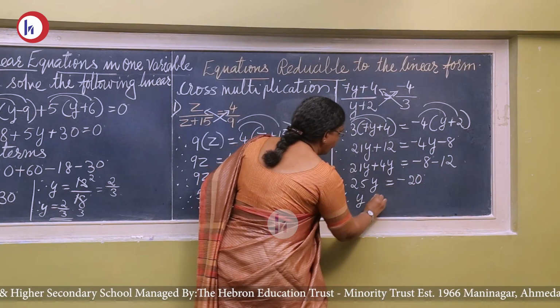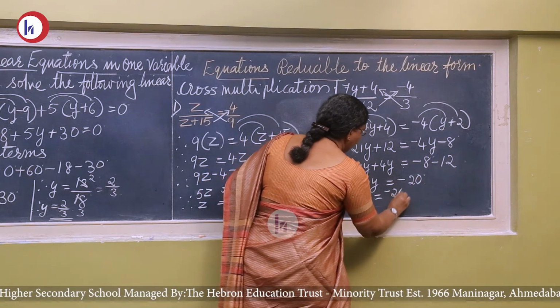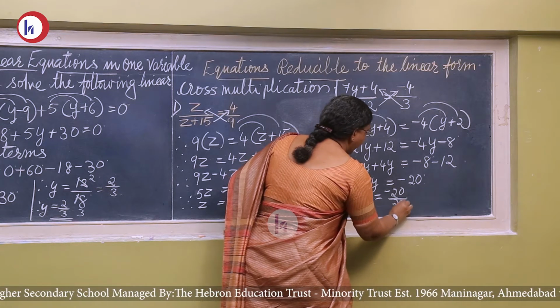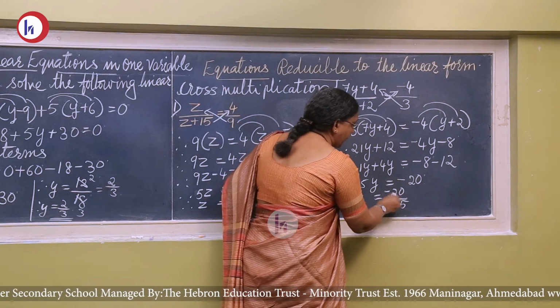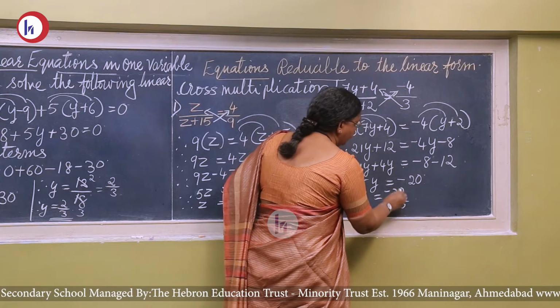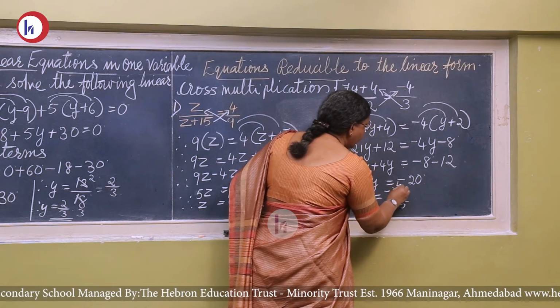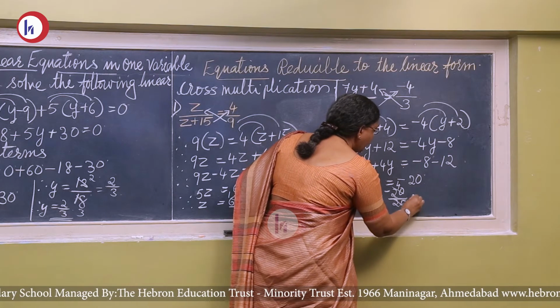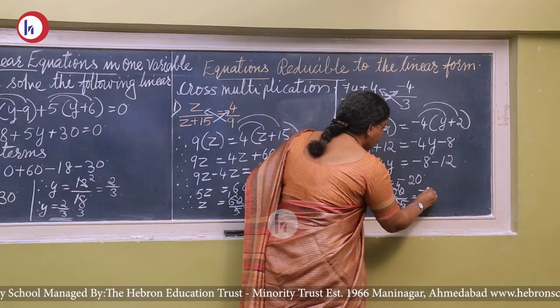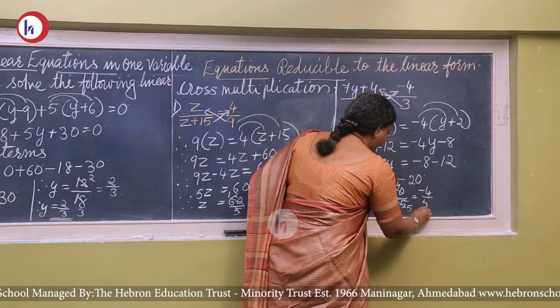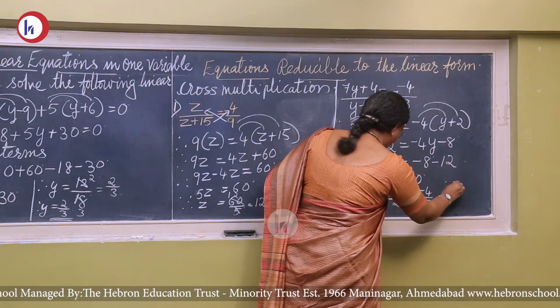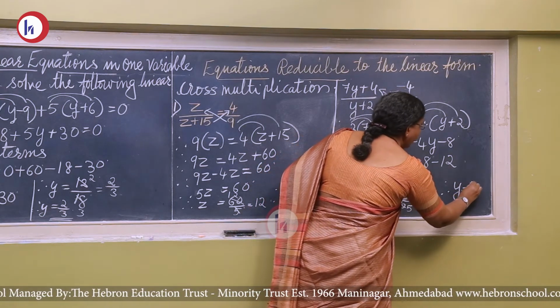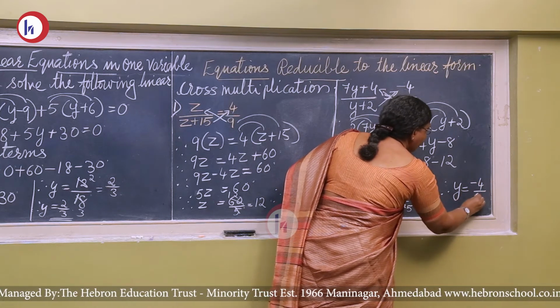Therefore, y is equal to minus 20 upon 25. Here you can cancel, the common factor is 5. So here it is 4, and 4 5s are 20, and here 5 5s are 25. That means minus 4 upon 5. Therefore, y is equal to minus 4 upon 5.